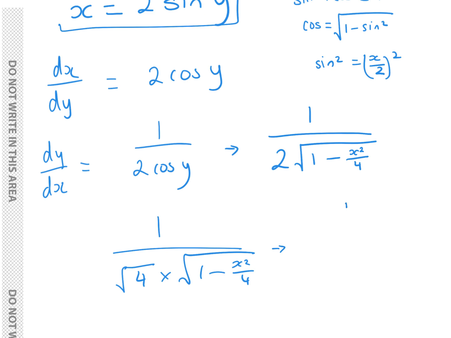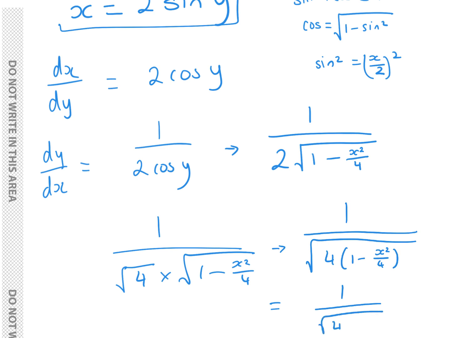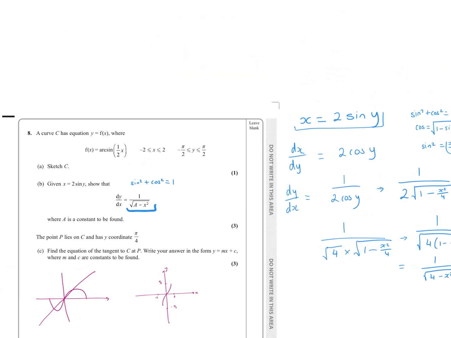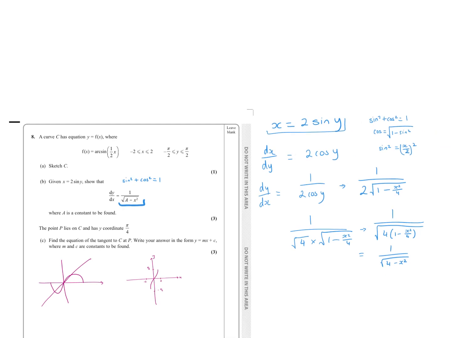Using the laws of surds, this is the same as the square root of 4 bracket 1 minus x squared over 4, which equals 1 over the square root of 4 minus x squared. So our A is in fact 4. Okay?